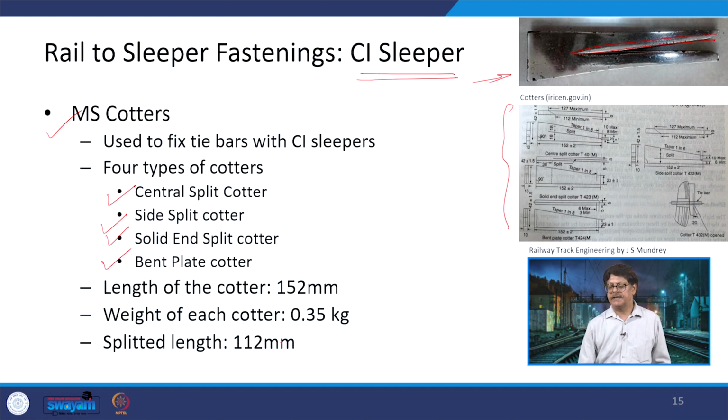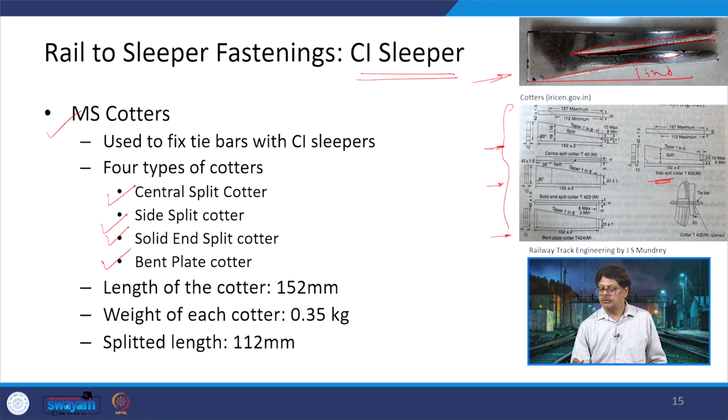So, 4 different types are there. If you see here, the first one at the bottom is the band plate cotter, another one is the solid and split cotter, and then we have a central split cotter, and this is a side split cotter. So, different types of cotters are there and their different sizes and dimensions have been defined. You can see that this tapering which is being done here is at 1 in 8.